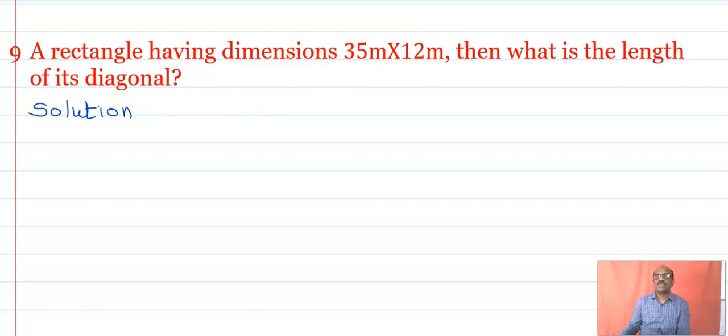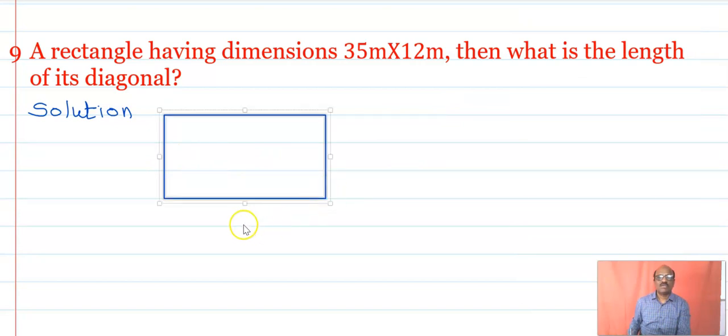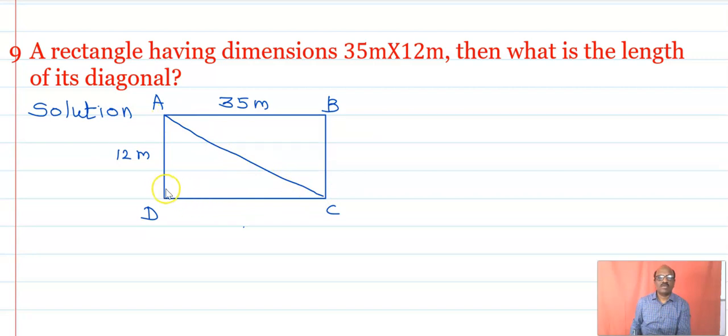Okay, now here we will have the rectangle ABCD, and one side is 35 meter, another is 12 meter. We want to find out its diagonal.